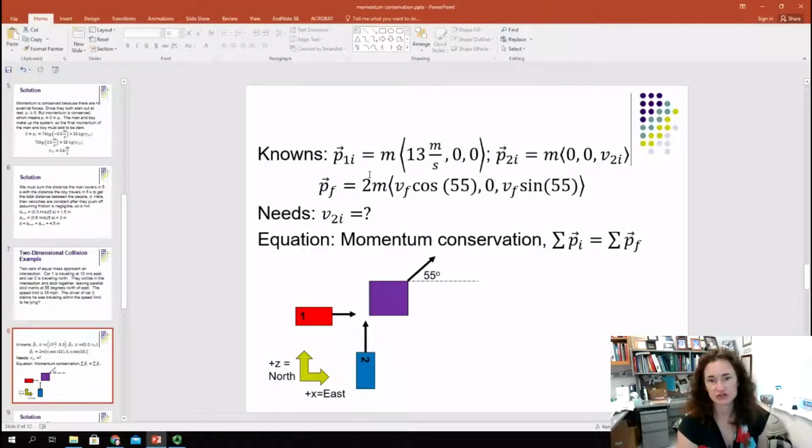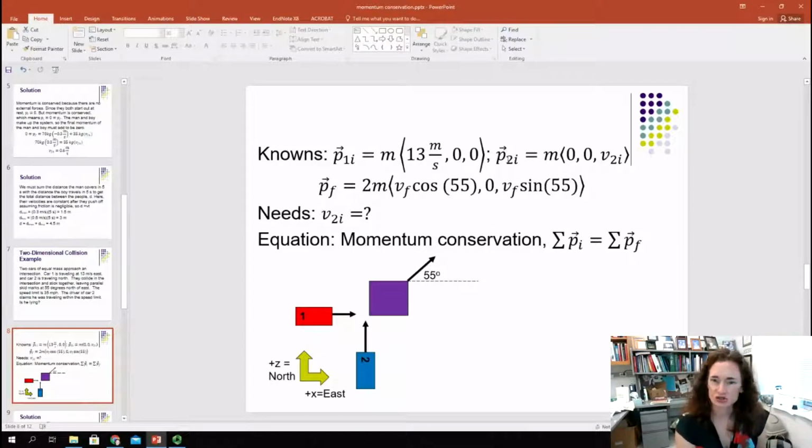So p1 initial here is m v1 initial. So car 1 was traveling east at 13 meters per second. So in our vector notation, remember x is the east. So here we have 13 meters per second, comma 0, comma 0, because the velocity vector has no components in the north, south, or up-down directions. So I've just written that out here in our vector notation that's standard.